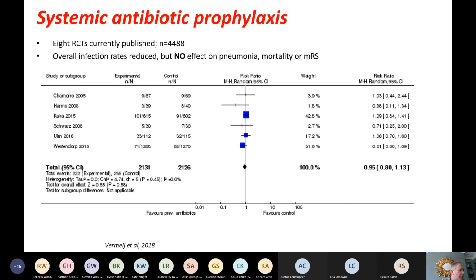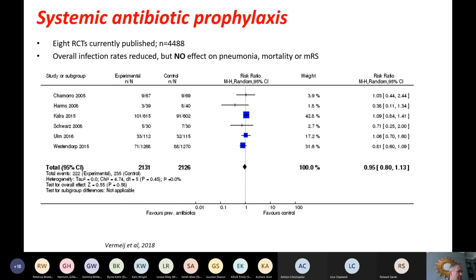So a very common and, up until recently, popular approach was to give antibiotic prophylaxis orally, or through injection, or through NG tubes or PEGs. This approach relies on giving broad spectrum antibiotics to patients as soon as they've had the stroke or shortly after, the idea being, again, to try and prevent pneumonia from happening.